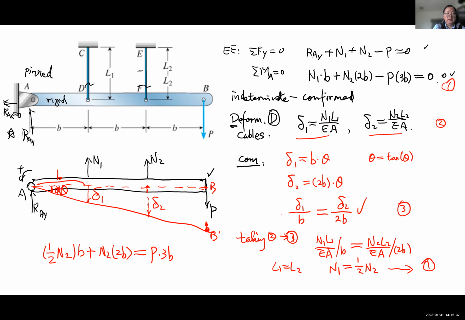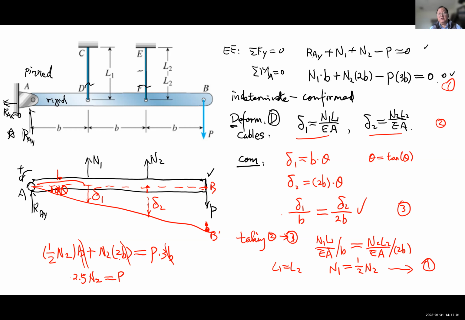So b can cancel out. So what do we have? We end up with half N2 plus 2 N2, so basically I have 2.5 N2 equals P.